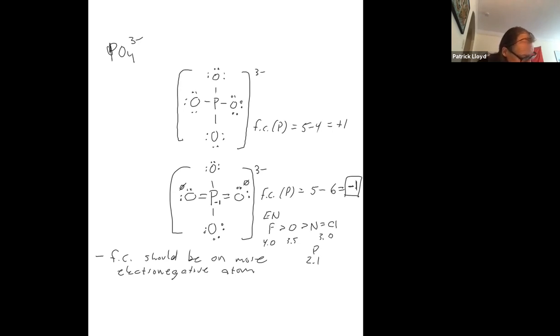So how do we deal with that? You just take one of these oxygens that has a double bond and push a pair out. So here's the correct structure. Single bond, single bond, single bond, double bond.